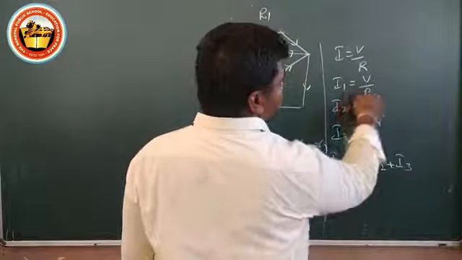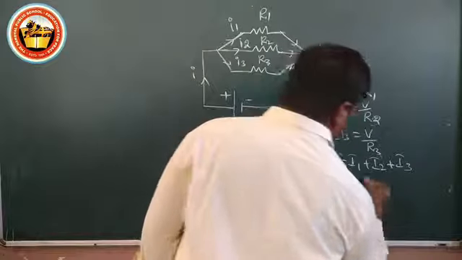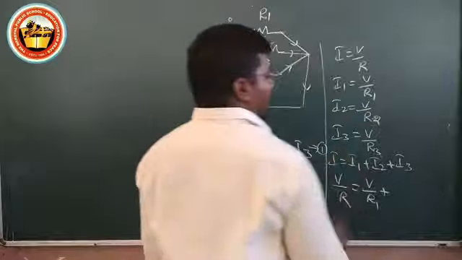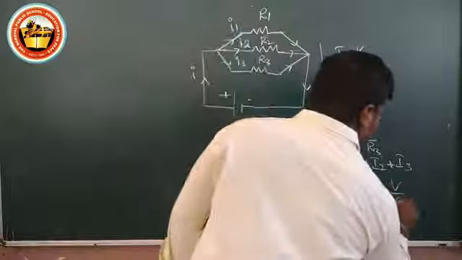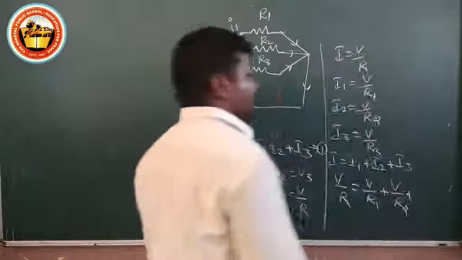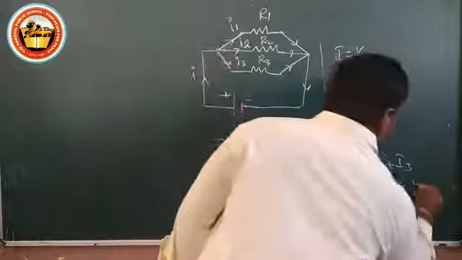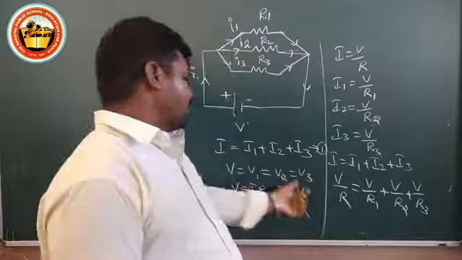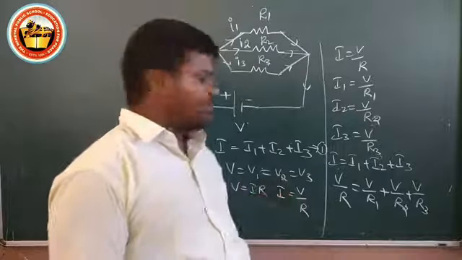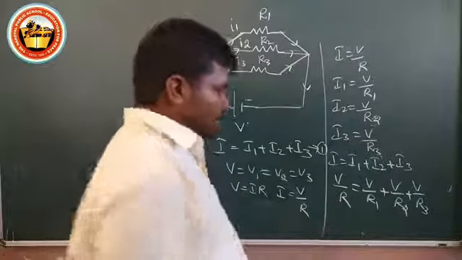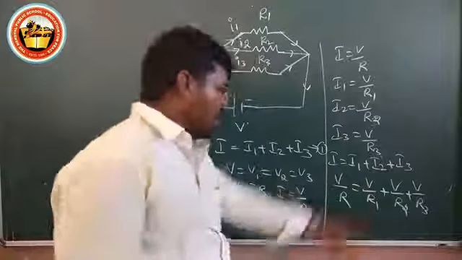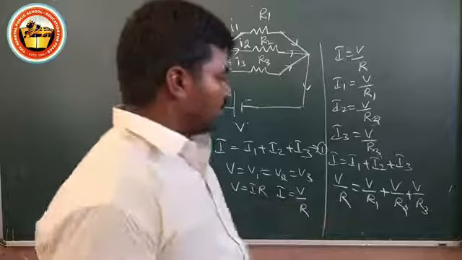V by R1, plus I2, V by R2, plus I3, V by R3. Here V1, V2, V3 have the same value. See here, V is common in every part, so we can cancel V.